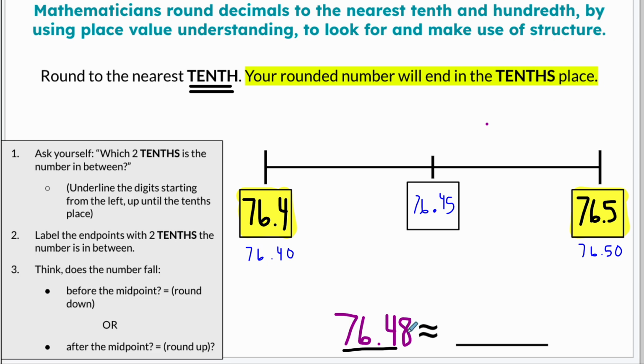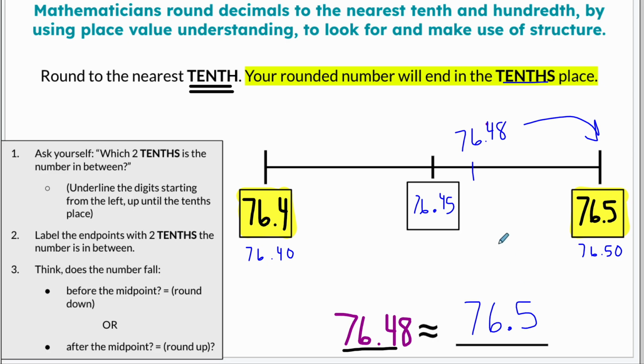Where would $76.48 fall on this number line? It's going to be a little bit after $76.45, around right here. Since it's after our midpoint, it's closer to this multiple of 1/10. So it's closer to 76 and 5/10. Notice how, since we're rounding to the tenths place, our answer is going to end in the tenths place, 76 and 5/10.